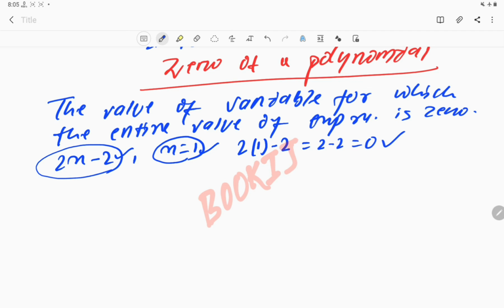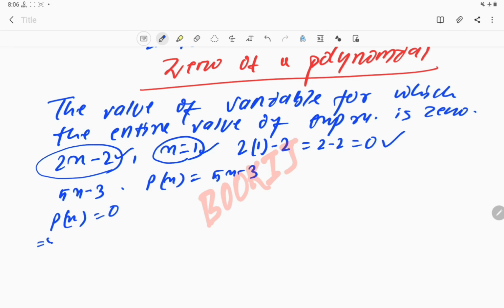If it is given, find the zero of the polynomial 5x minus 3. So how to do it? The polynomial is given in the form of p of x, that is 5x minus 3. The first step is that we equate the polynomial to 0. That means p of x is equal to 0.